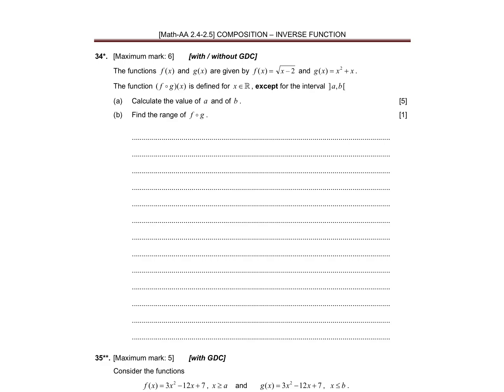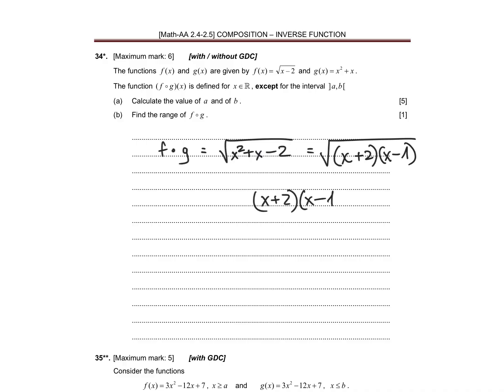Calculate the value of a and b. Okay, so let's find out f of g. We have square root of x squared plus x minus 2. And if we factor that, that's (x + 2)(x - 1). And remember the domain of a square root, what's under the square root has to be greater than or equal to 0. So we have zeros at negative 2 and positive 1. And it's opening up because of x squared.